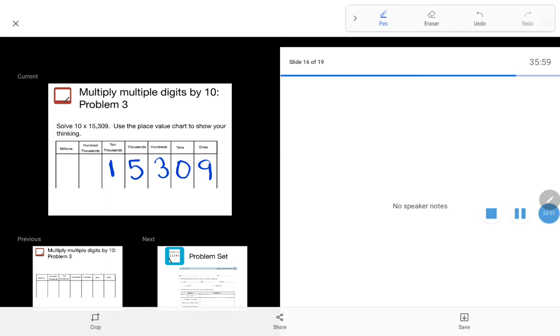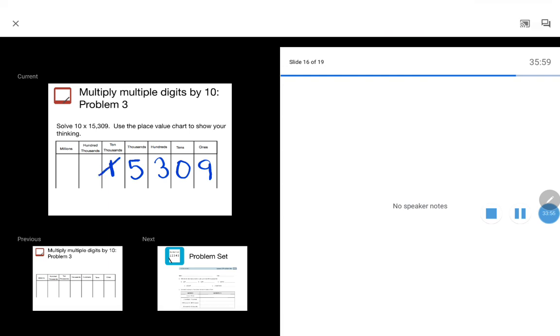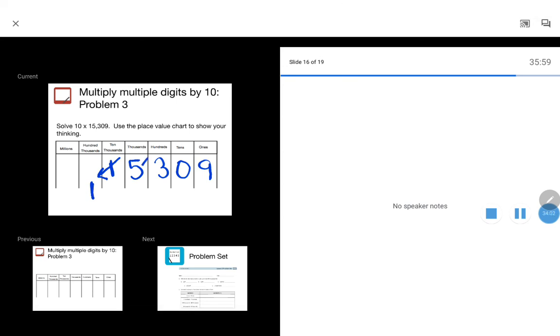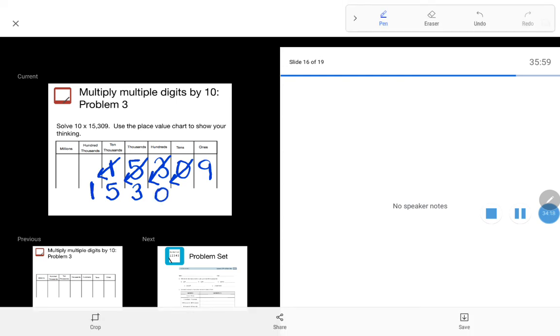So when I multiply that by 10, my 1 10,000 becomes 100,000. My 5,000 becomes 50,000. The 300s become 3,000. The 0 tens becomes a 0 in the hundreds.